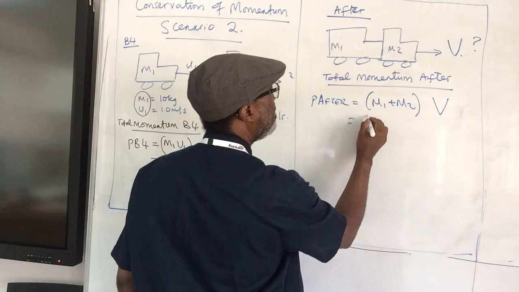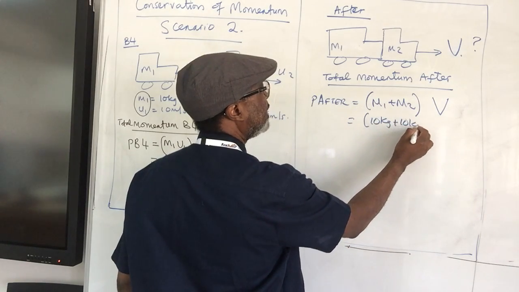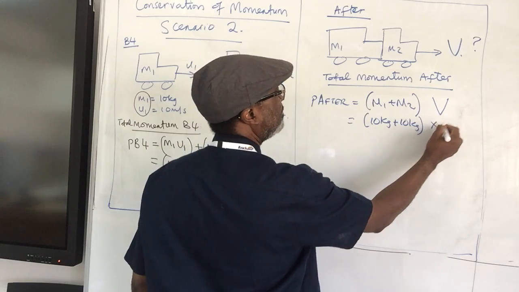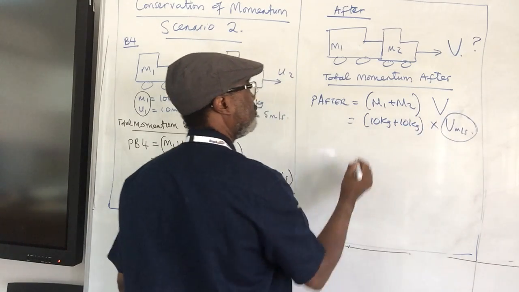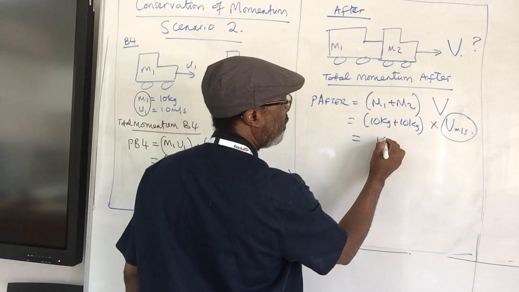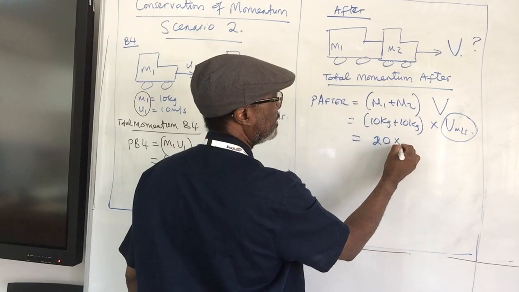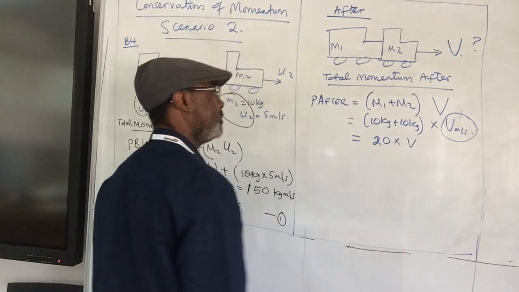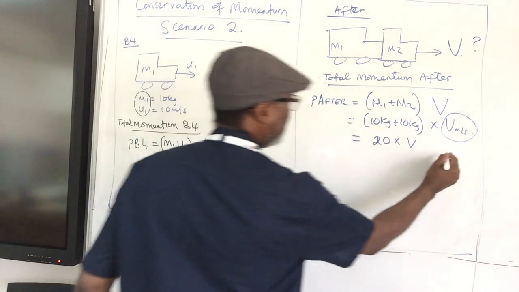So we know M1 to be 10 kg plus 10 kg, multiplied by V meters per second, which is basically 20 times V. So we now have our equation number 2.